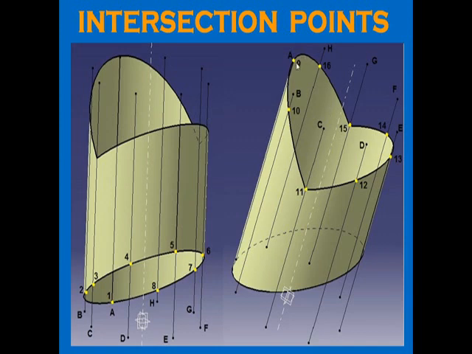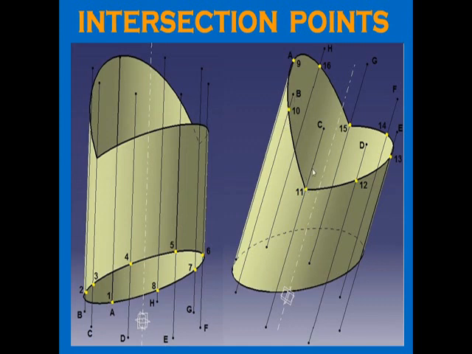The intersection of the second cutting plane with the generator A is 9. Since I have ended at 8, I am going to start the intersection point numbering from 9. Then intersection point 10 is the intersection of the section plane with generator B.